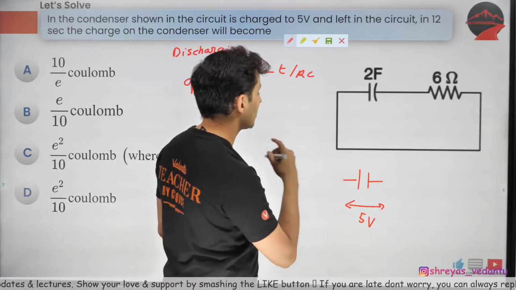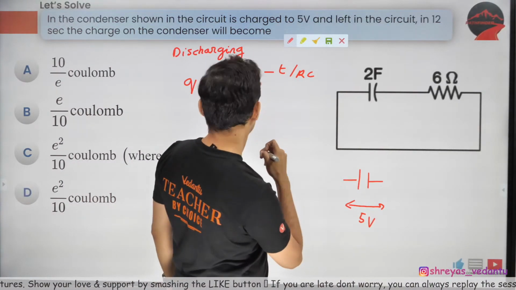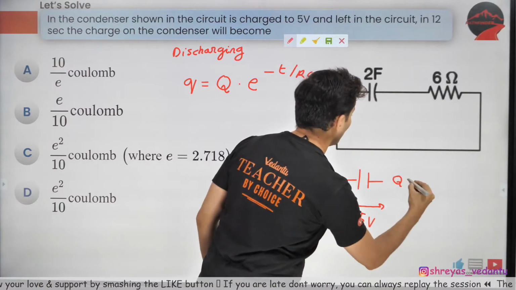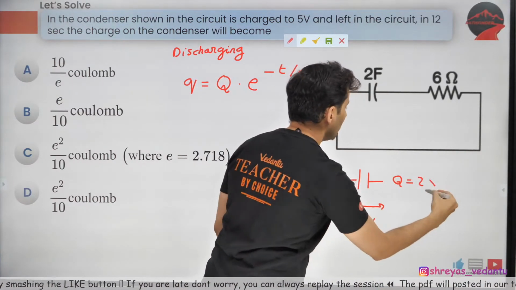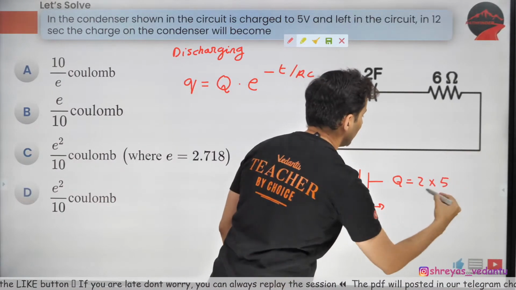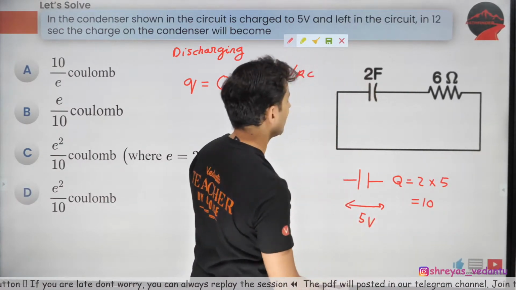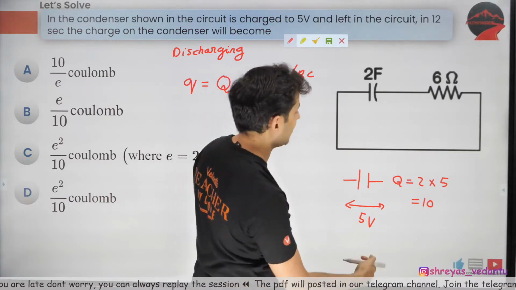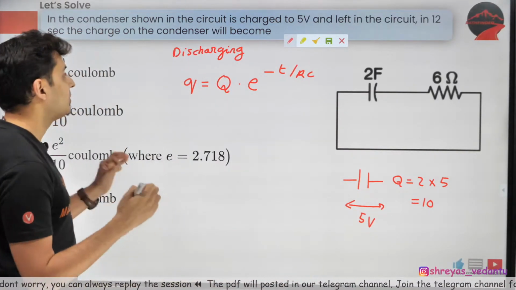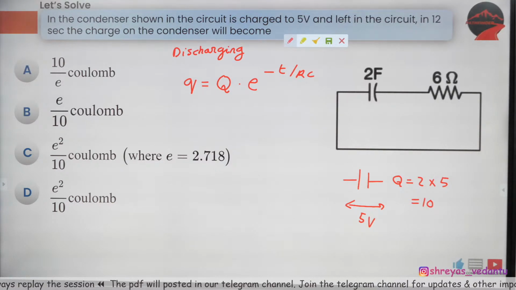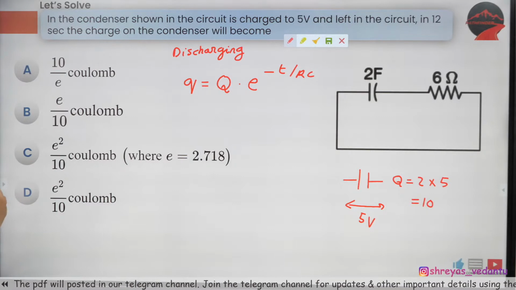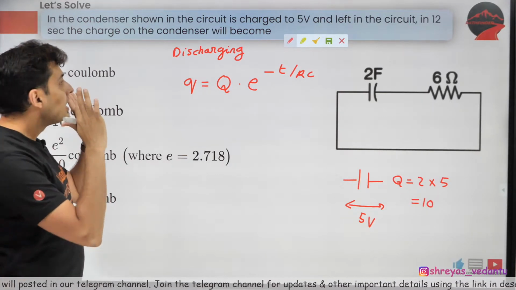Well, the charge stored on it will be C times V. C is 2, into 5 volts. So the charge will be 10. Now, if this much is clear, can we go ahead? Yes, so that will be 5 volts, and that's what it is.